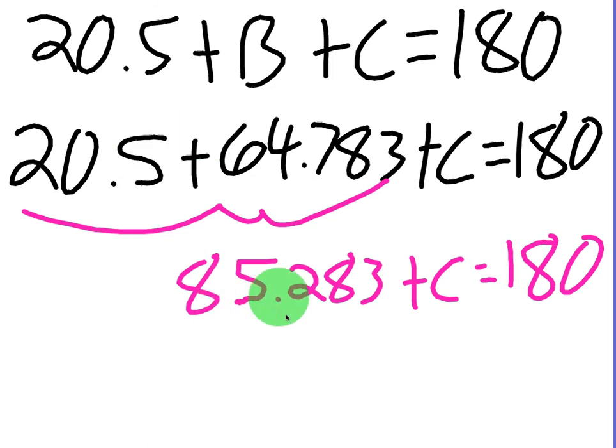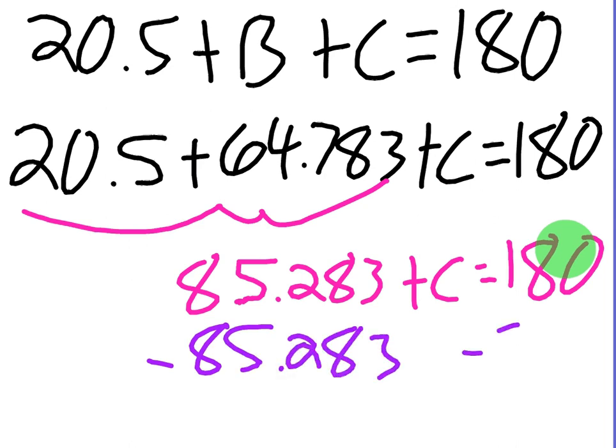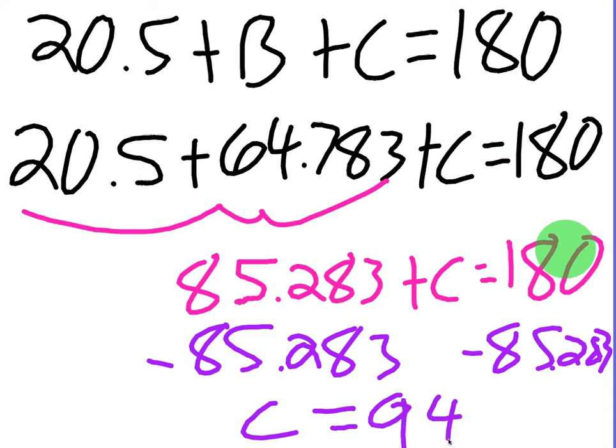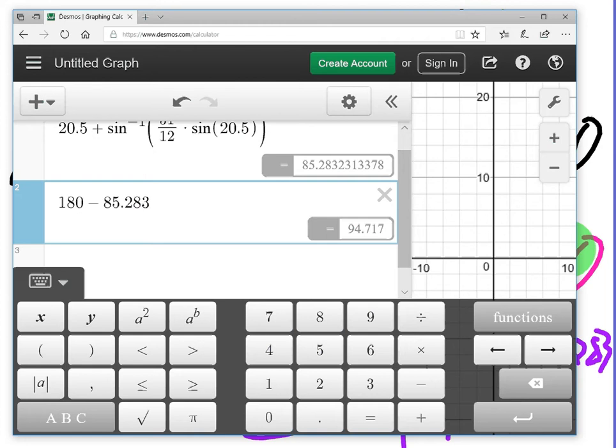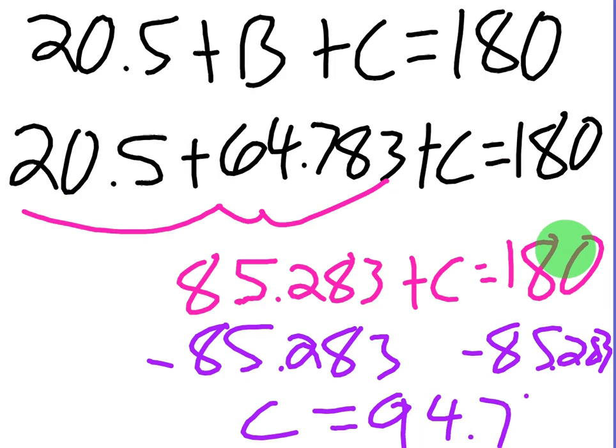So we will end up with 85.283 plus C equals 180. Then we just subtract 85.283 on both sides, and we get C is equal to 94.717 degrees.